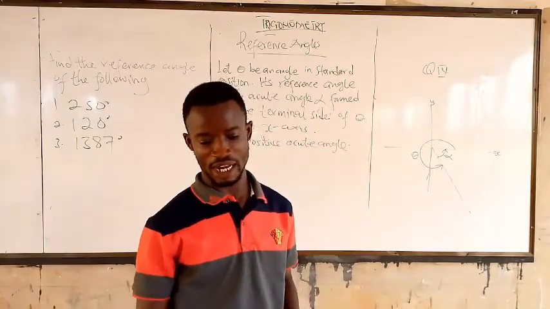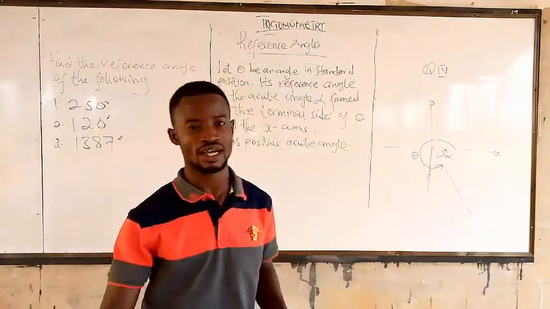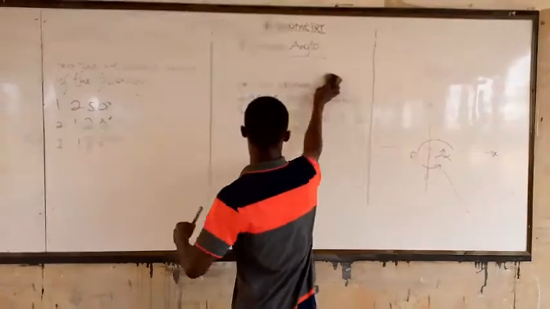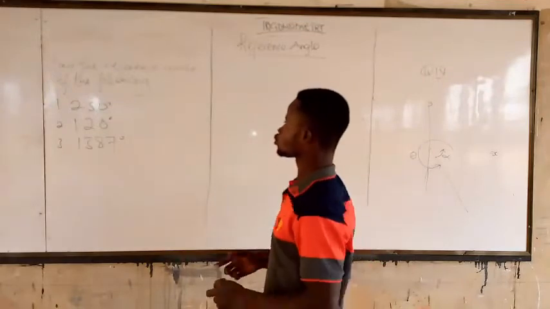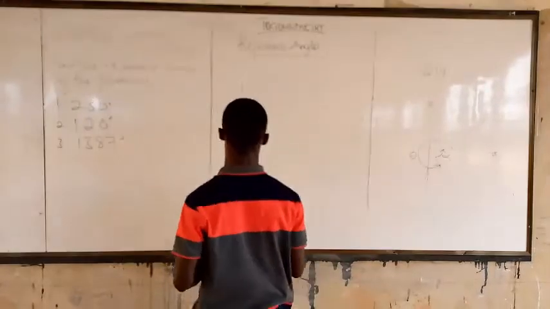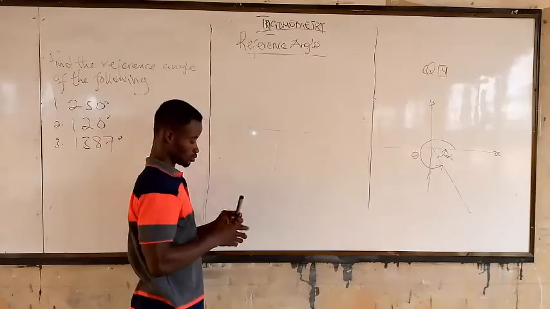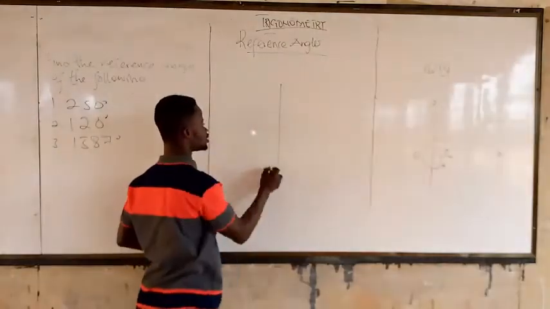Alright, so let's see how we are going to find the reference angle. Now, in finding the reference angle, sometimes it's good for you to sketch it so that you understand it well. So 250, let's sketch 250. Which quadrant do you think 250 will be?